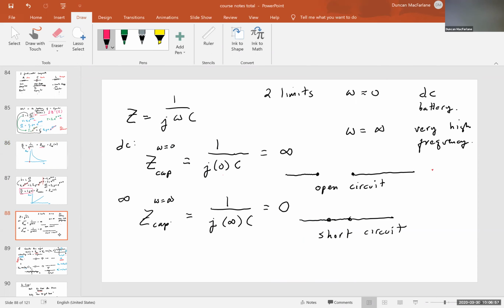And we can look at two limits. For example, for capacitance, zero frequency or DC, that leads to an open circuit, no connection whatsoever for DC. And then for high frequencies, you approach a short circuit for your capacitance.